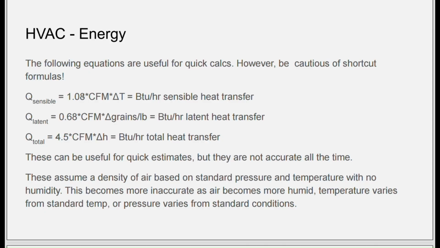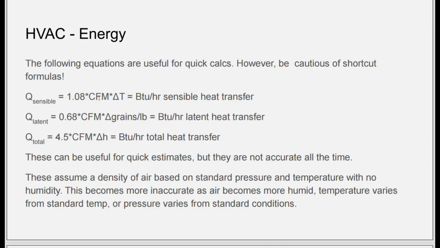What this assumes, though, is that 1.08 is what allows you to convert from CFM to mass flow times specific heat. What goes into this constant value is assuming that you are completely dry, so a zero humidity ratio, and that your density is at standard conditions, so 0.075 pounds per cubic foot.